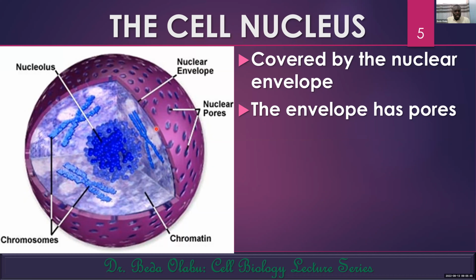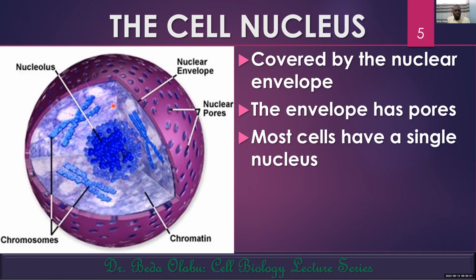Within the nucleus itself, we have a lot of things. For example, we have the nucleoplasm. The nucleoplasm is the fluid within the nucleus. We also have the genetic material within the nucleus. And we have the nucleolus.